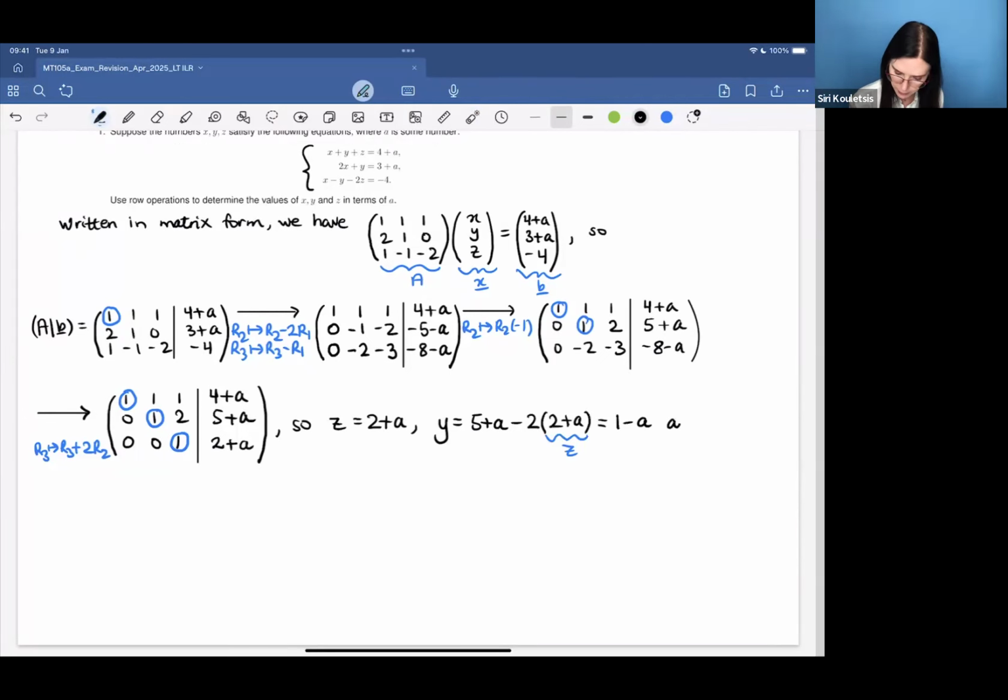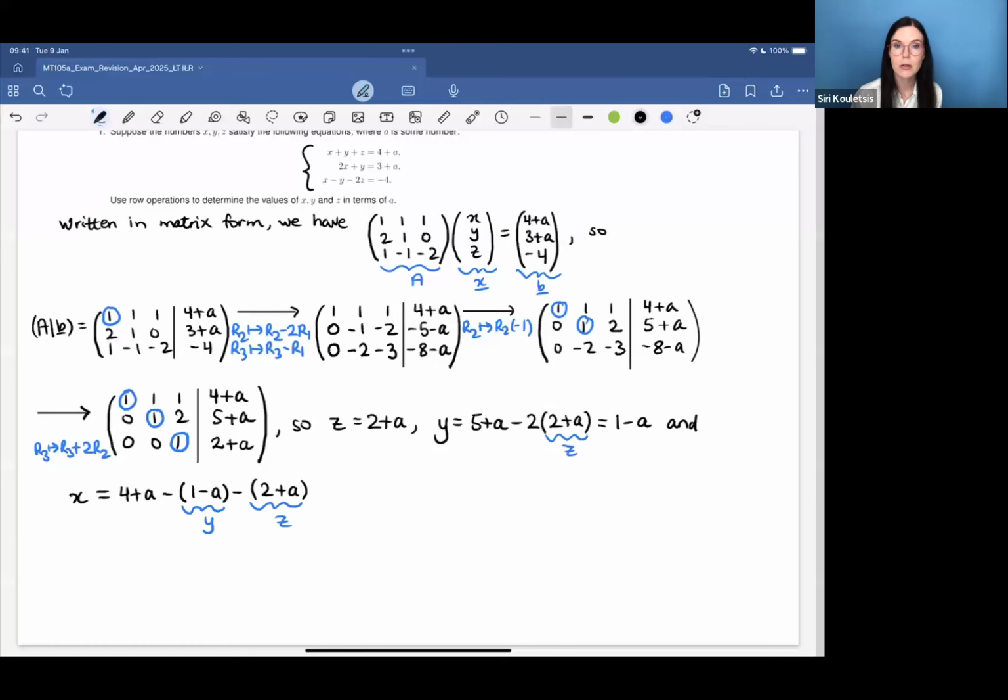And finally, x equals, just rearranging now for making x the subject here, it's x equals 4 plus a minus y minus z. But we have the solutions for y and z respectively, so we substitute those in here.